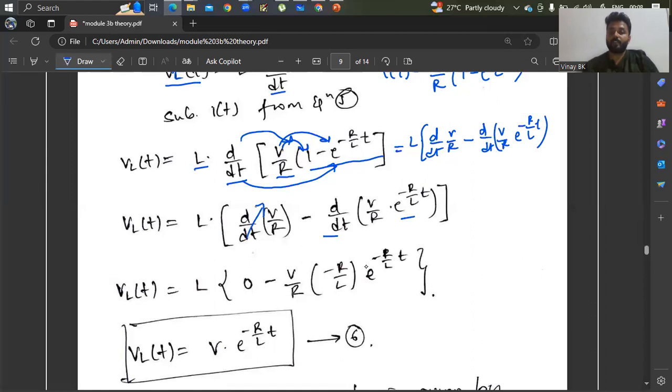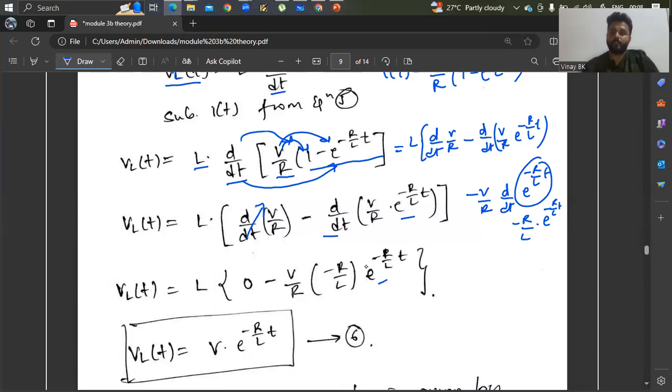Similarly, for the e to the power minus R by L t term, we take V by R outside, minus V by R into d by dt of e to the power minus R by L into t. Differentiation of this is minus R by L into e to the power minus R by L into t.